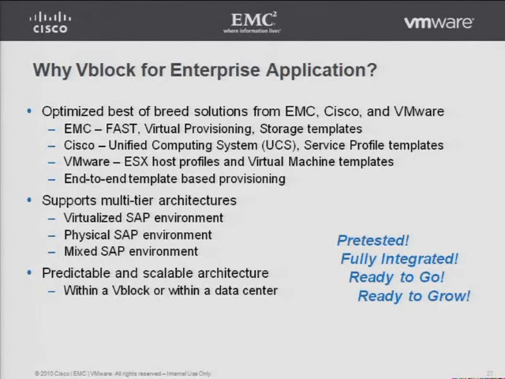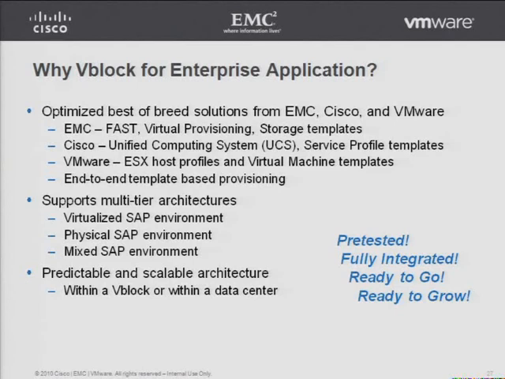Again, Vblock supports multi-tier architecture, whether fully virtualized, fully physical, or in mixed mode. VMware, Cisco, and EMC came up with this integrated IT infrastructure encapsulated into one single cabinet.